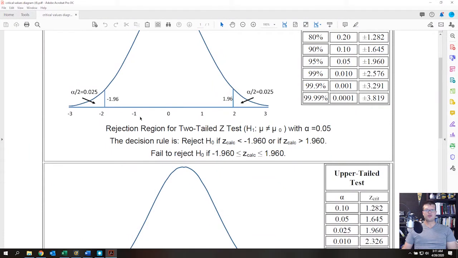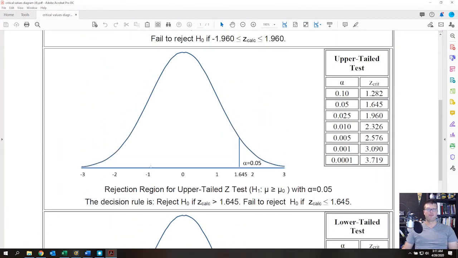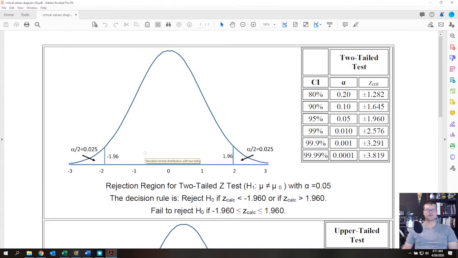And is this a two-tailed test, an upper-tailed test, or is this a lower-tailed test? This is a two-tailed test, right? Is there a difference? This is a two-tailed test with an alpha of 0.1. Two-tailed test, alpha of 0.1. So therefore, the critical value is plus or minus 1.645.